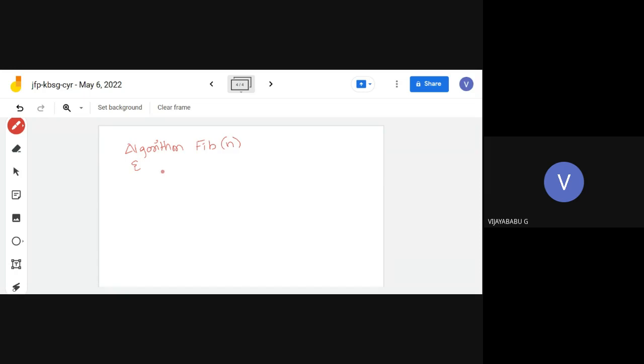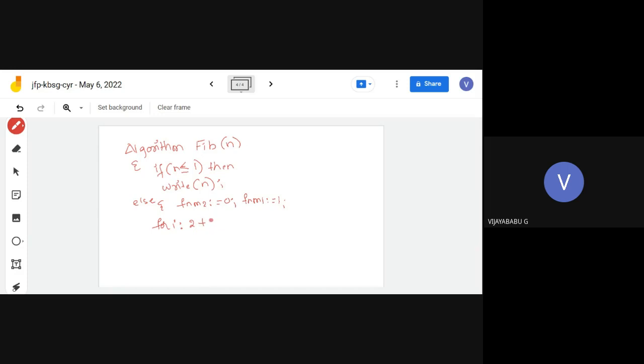Here we are mentioning f(n): if n is less than or equal to 1, then write n, else we have the two numbers that we consider. fnm2 is equal to 0, fnm1 is equal to 1. Usually it is 0 and 1, but we can take it in any manner, no issues.